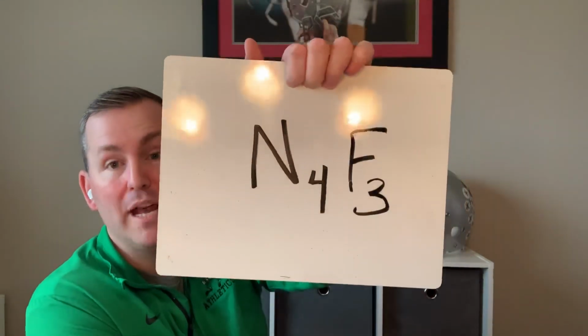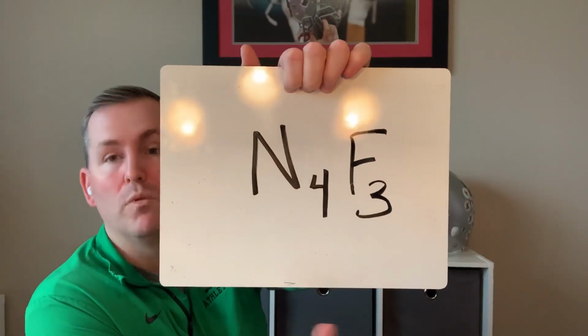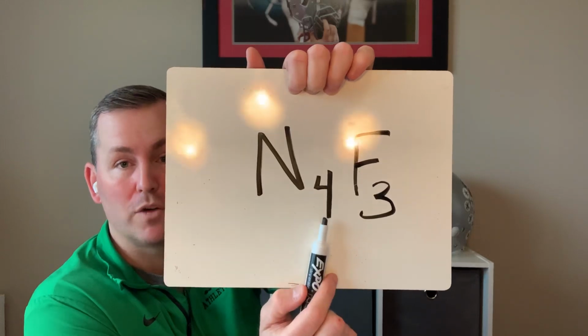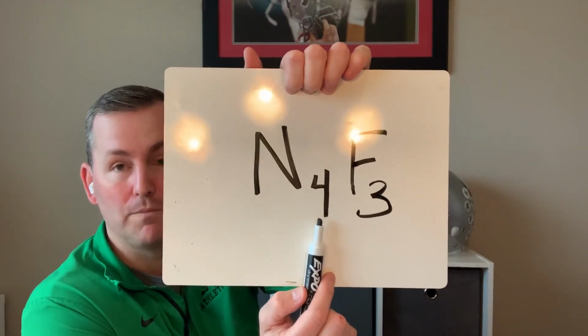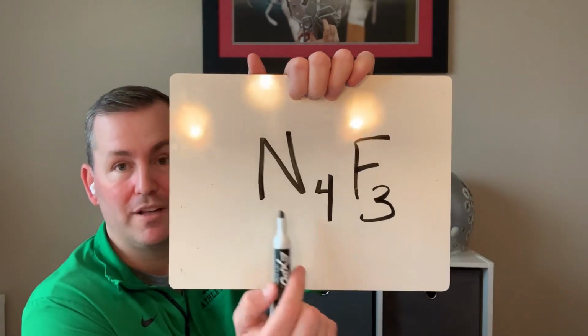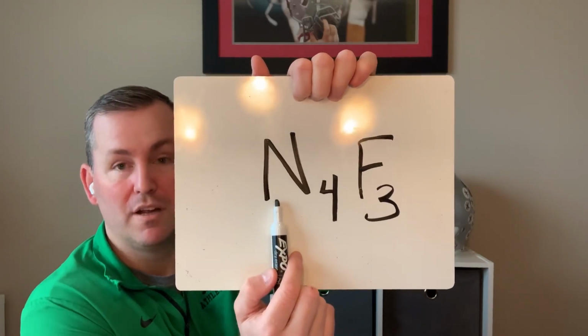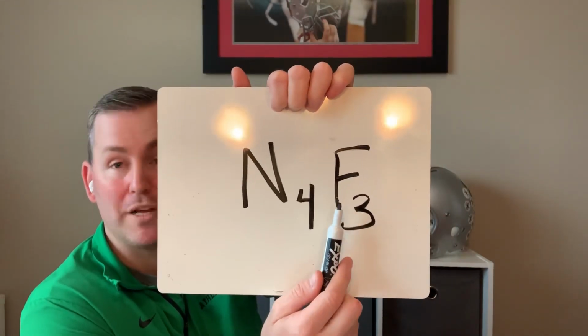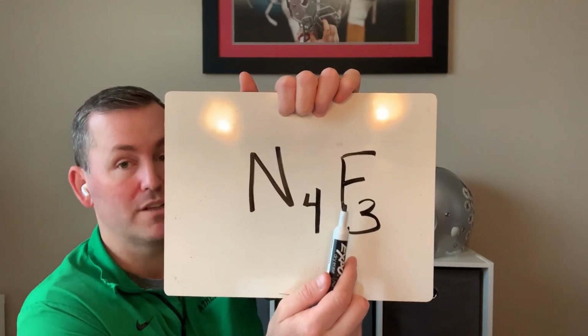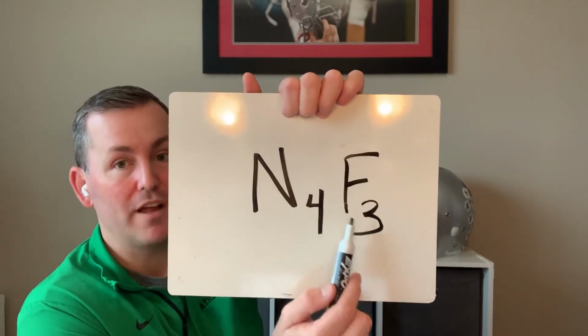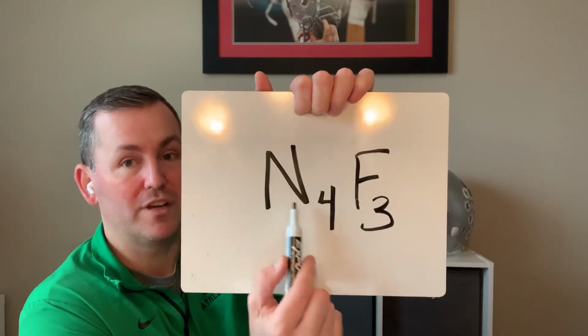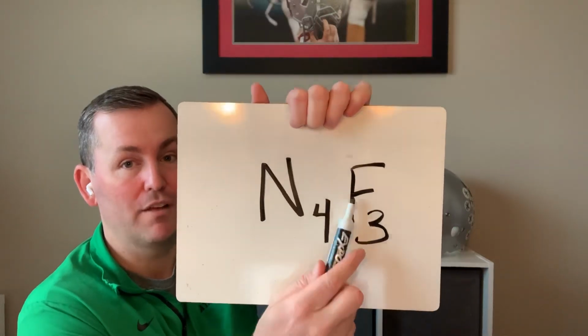N4F3. How would we name that? Well, we need to know the Greek prefix for 4. So that would be tetranitrogen. And we look at fluorine over here. We want to make sure it's fluoride because it's on the second half. Trifluoride. Tetranitrogen trifluoride.